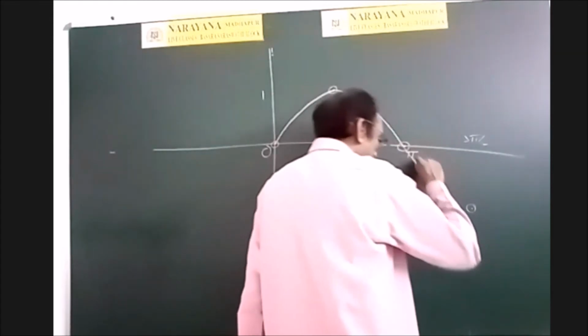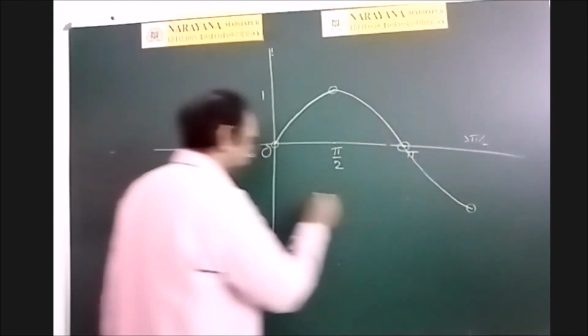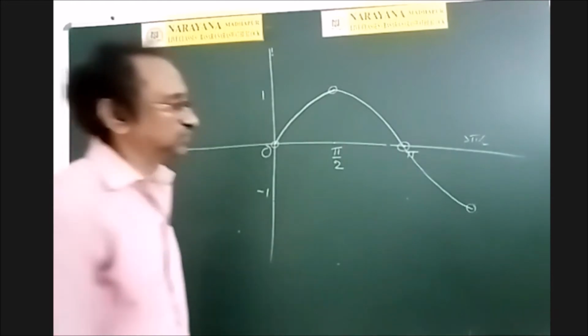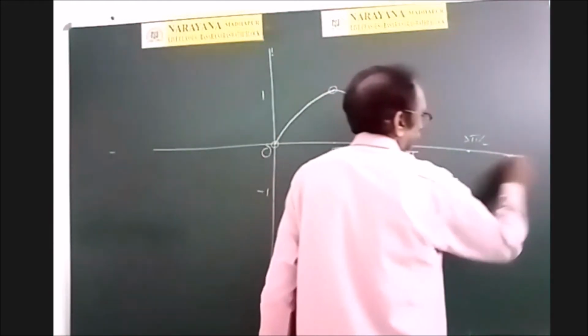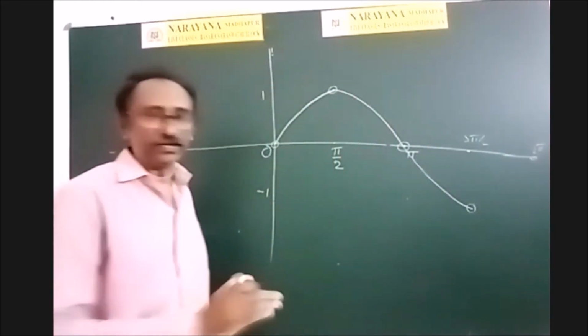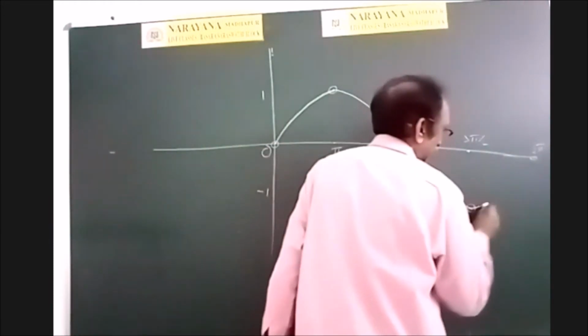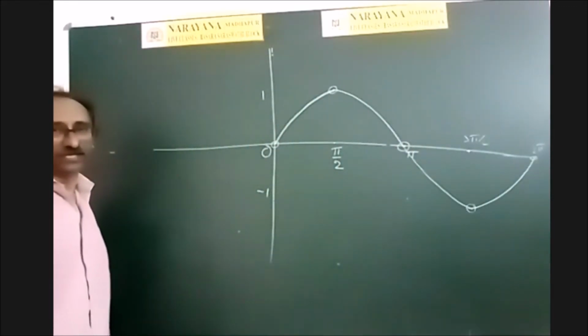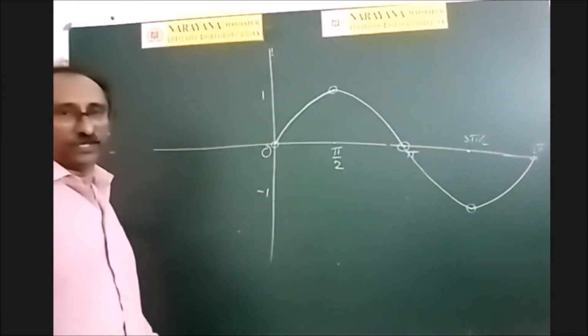So again, the graph will go like this. This is minus 1. So at 3 pi by 2, sin 3 pi by 2 is minus 1. And once again, at 2 pi, that is 360 degrees, we take one complete revolution. So once again the graph goes like this. So this is the graph of sin x between 0 to 2 pi.